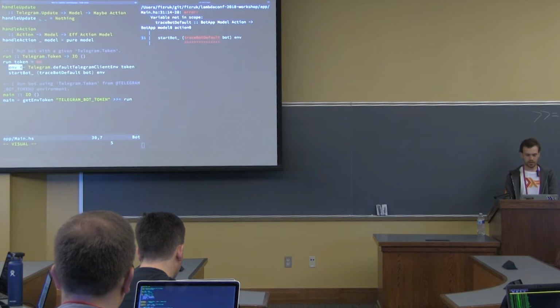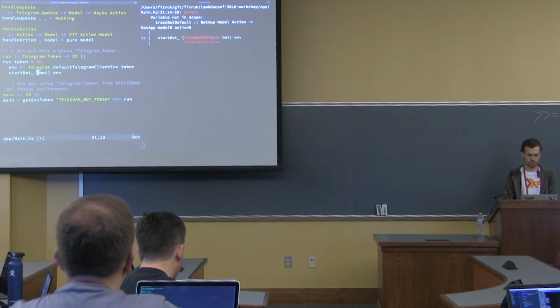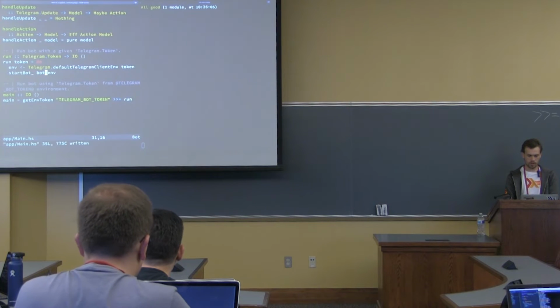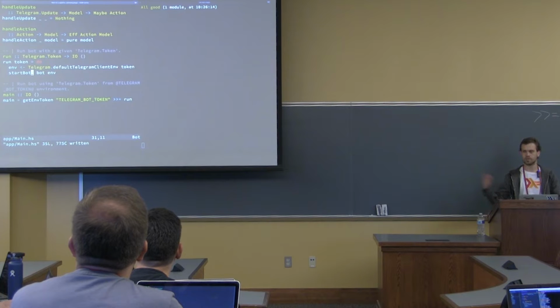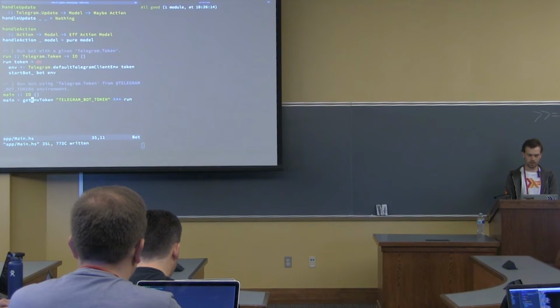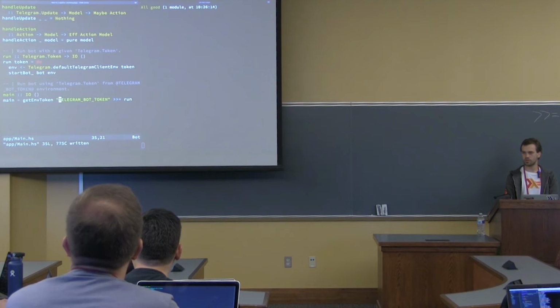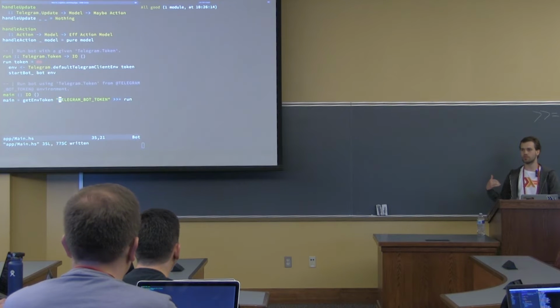Then we get the environment and we start our bot with the given environment. So start bot comes from Telegram bot simple. The underscore at the end means that we just ignore the result of the operation. We don't care about it right now. And in the main, I just call run with the Telegram bot token from the environment.